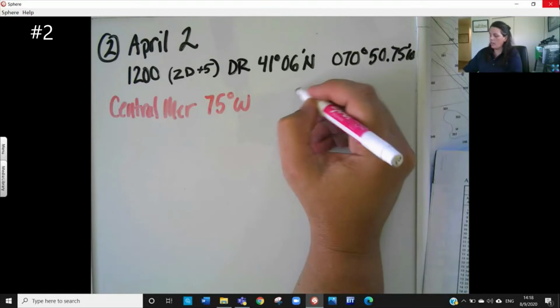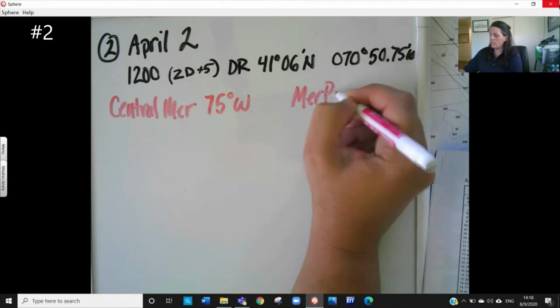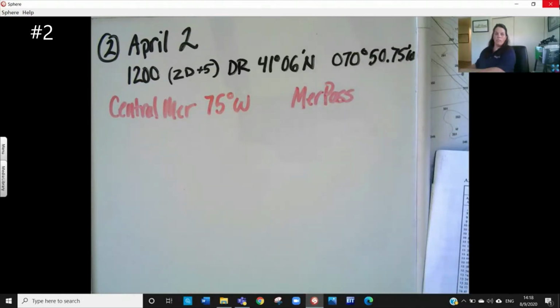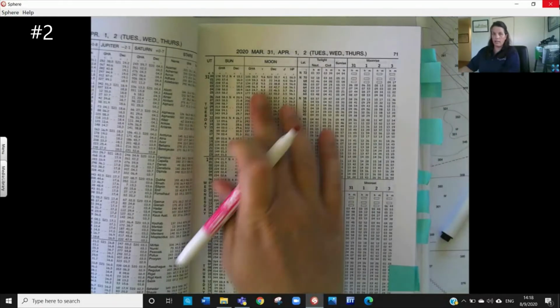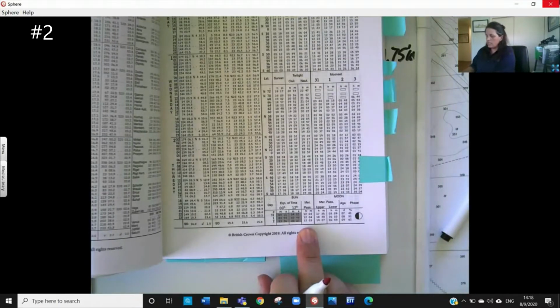And then our meridian passage on April 2nd. So we're at April 2nd, down at the bottom. Meridian passage is going to be at 12:03.